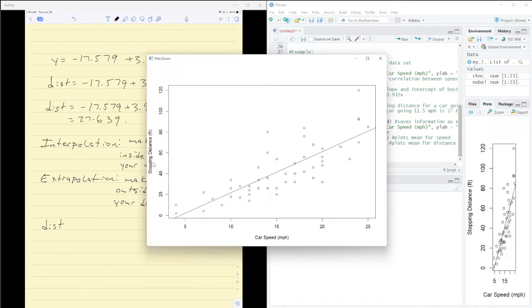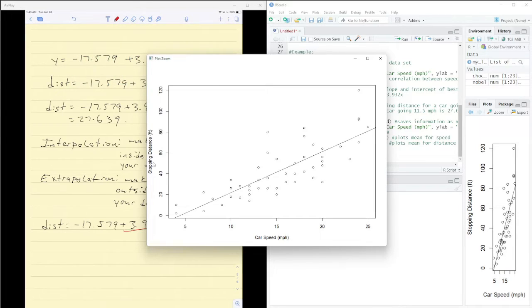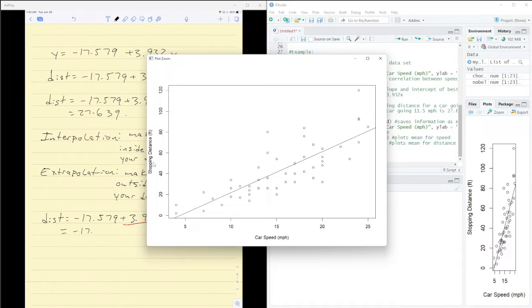Distance equals negative 17.579 plus 3.932 times 0. This piece is all going to go to 0. So this is going to be negative 17.579 feet, which doesn't make any sense, right?